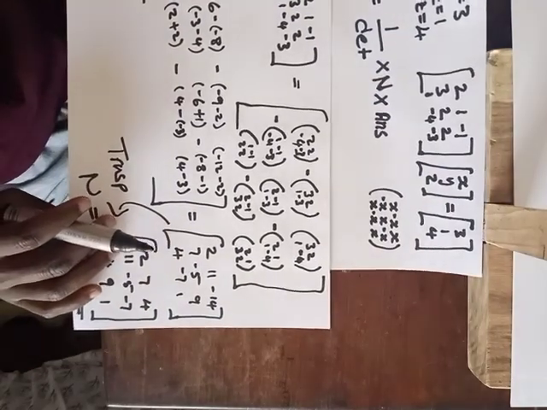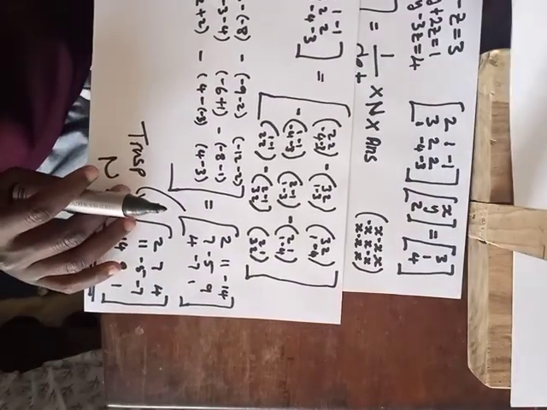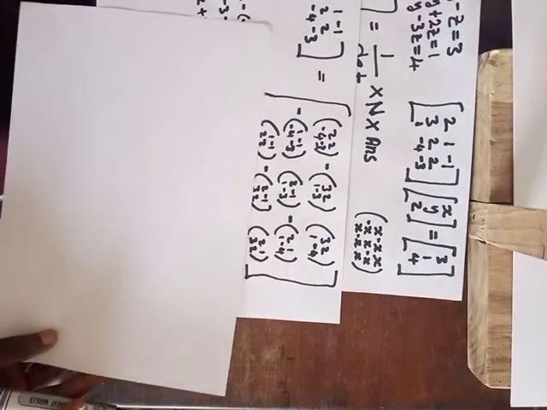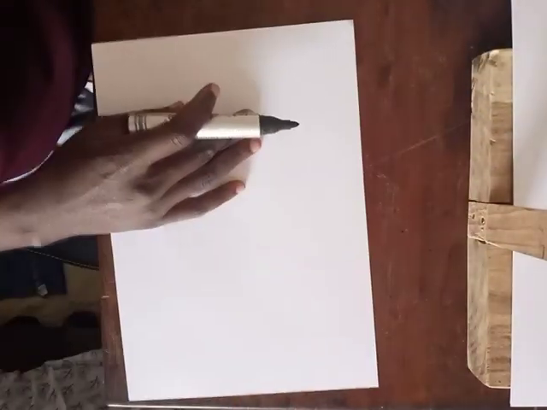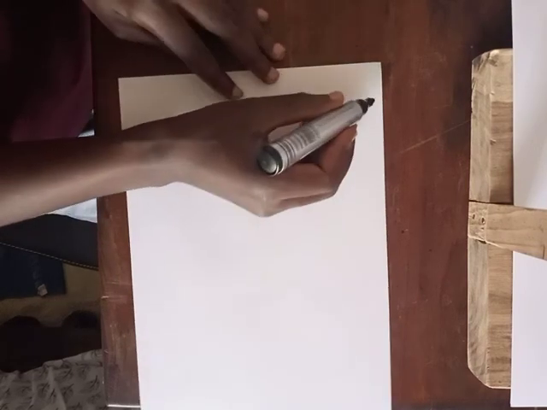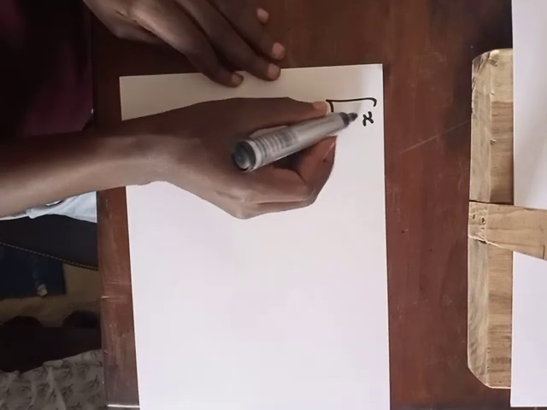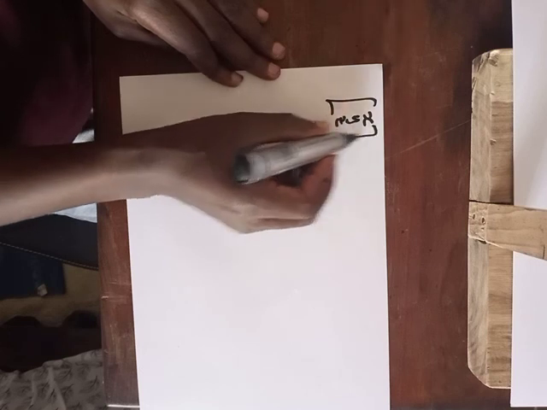So now what we are going to do is insert this in our new equation. So we are going to get the last paper. The last paper that we are going to get now is just to put this into the equation. So the equation here is x, y, z, like that.